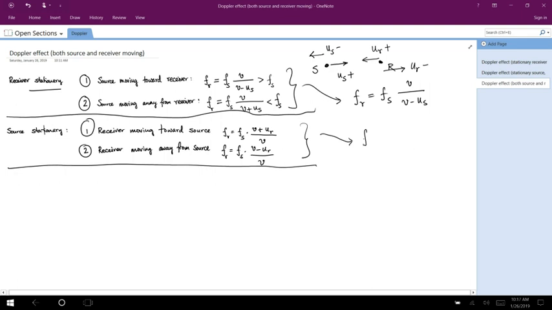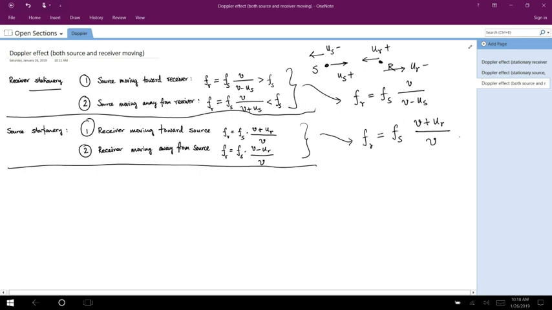That becomes fR equals fS multiplied by v plus Ur divided by v. Meaning when Ur is positive, that is the receiver is moving toward the source, you use the plus sign with Ur a positive quantity. But if the receiver is moving away from the source, all you have to do is use a negative value for Ur and you get v minus Ur over v, right?